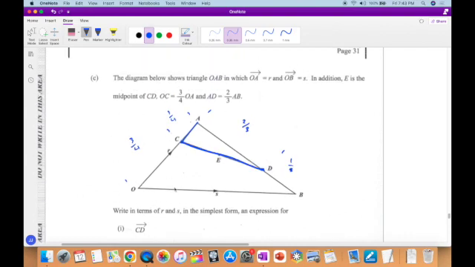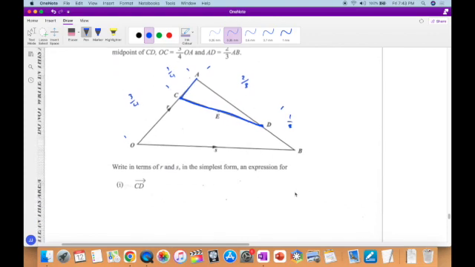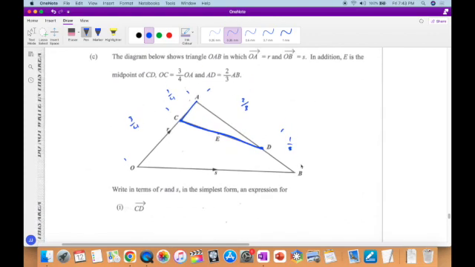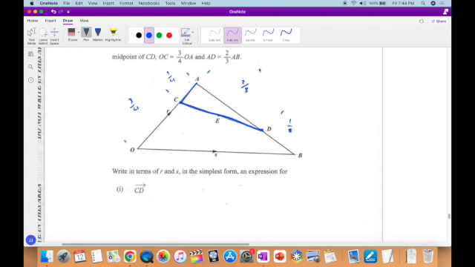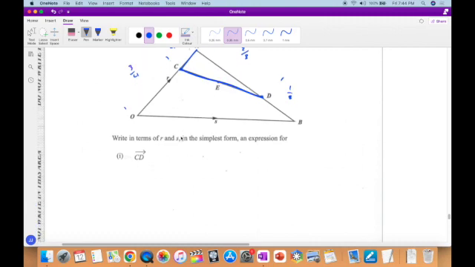Because OA is R, OB is S. I could find AB, because A to B would be minus R plus S. So we could make that first.